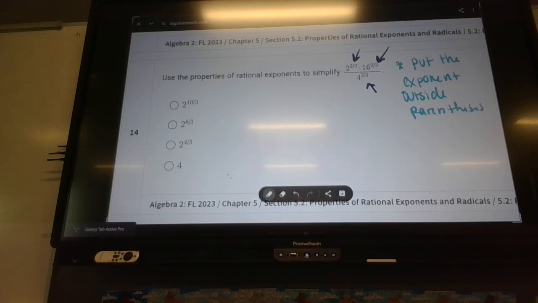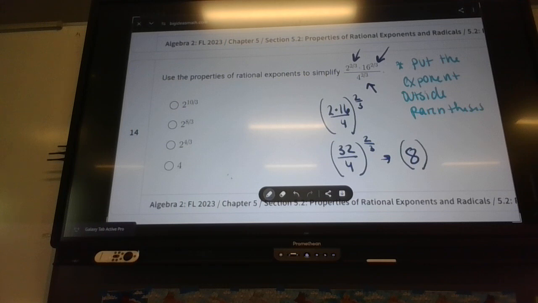So I'm going to rewrite this as just 2 times 16 over 4, and the power of 2/3 is outside. So now I know 2 times 16 is 32. So that's 32 over 4 raised to the 2/3. 32 divided by 4 is 8.